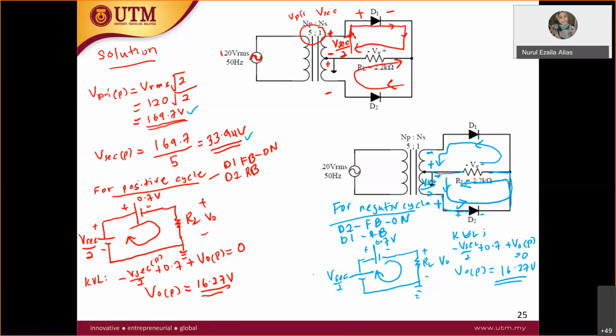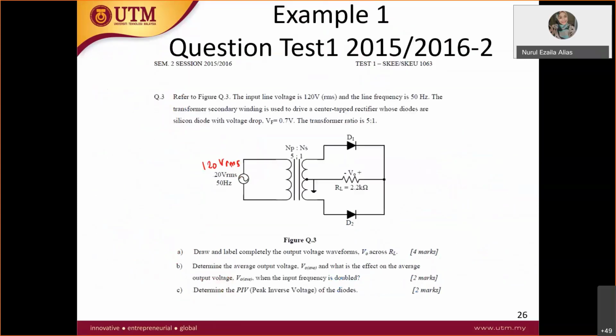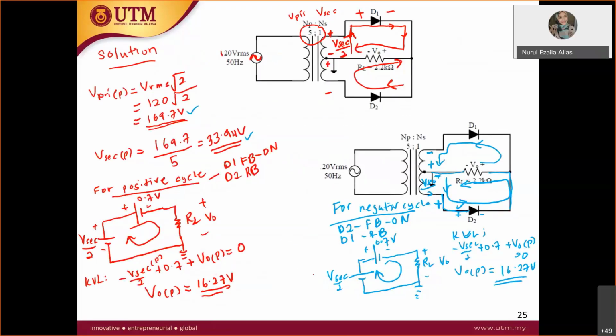Let's take a look at the question again. They said to draw and label completely the output voltage waveform across RL. We haven't finished yet. All this solution here is for solution A. Now I want to draw the output.